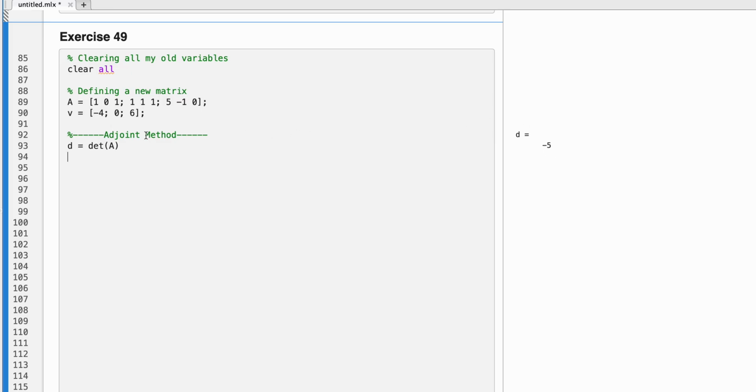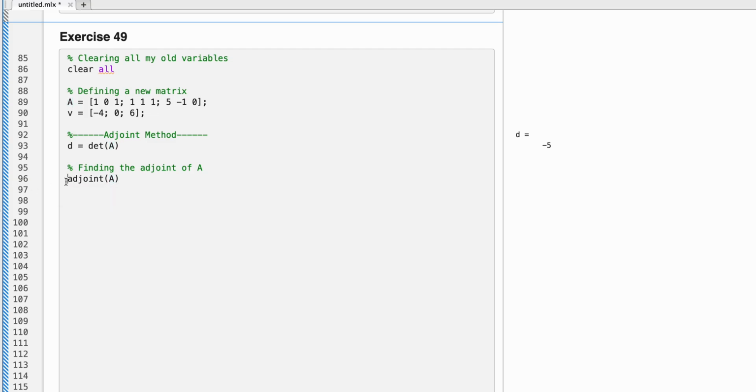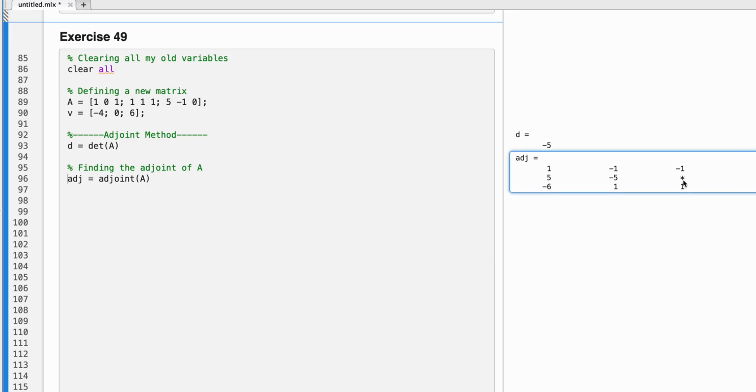Now we're going to find the adjoint of A, and there's a nice command, adjoint, right here, and I'll call it adj here. And basically the adjoint is the cofactor expansion of A transposed. Okay, so let's see here, we have an asterisk. Don't know why we have an asterisk in there.